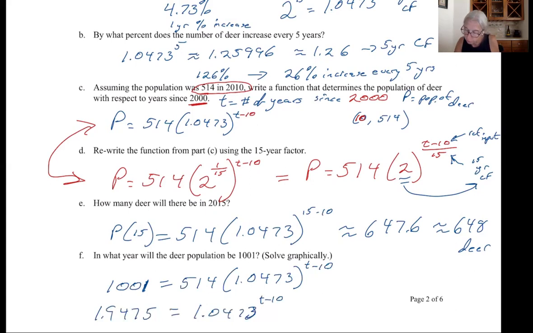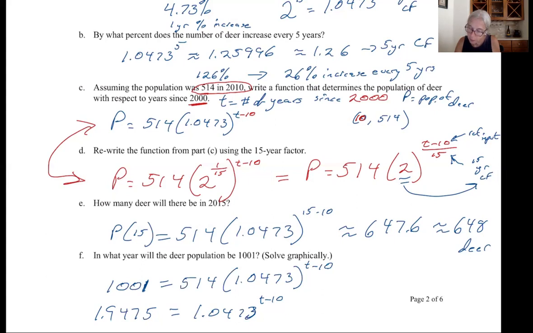Okay, so now I'm going to come over here and I'm going to say y equals 1.9475. And then I'm also going to say y equals 1.0473 raised to the power of x minus 10, with parentheses around the exponent. And I see I made a little typo here. I need to put that 7 in.